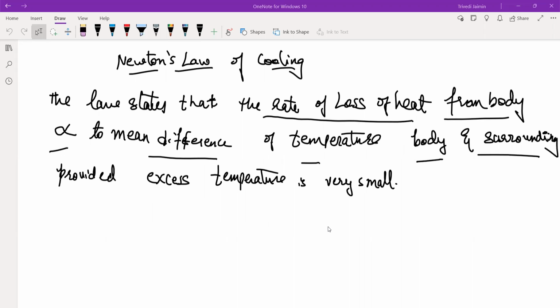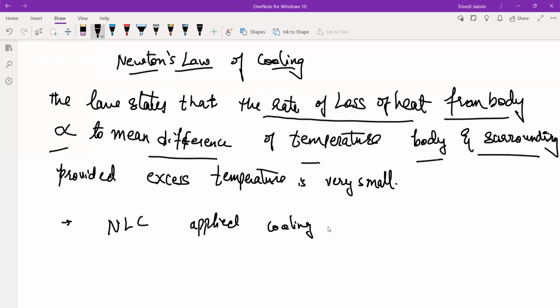Keep it under a fan. Fan, yes. Fan or just a flat container. Right? Yes. So let's take the same example. Newton's law of cooling example you can apply on cooling of a coffee itself, right?